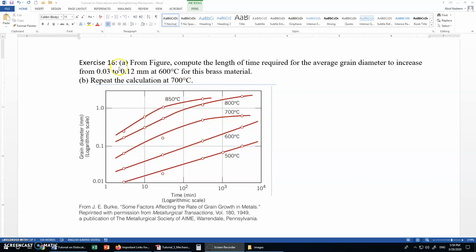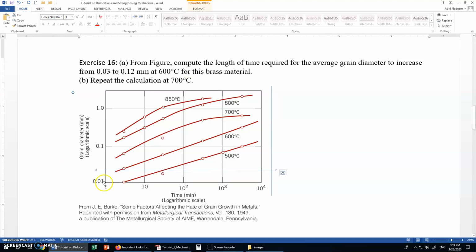Okay, so for the first part we have been asked for 600 degrees centigrade. We need to just read the values from this graph. What you can do is draw horizontal and vertical lines and place them at the appropriate locations. For example, this horizontal line you can place approximately at 0.03.